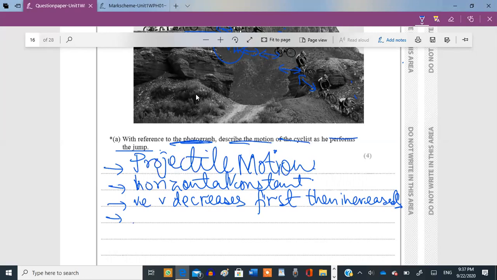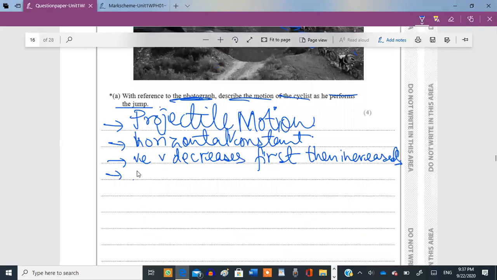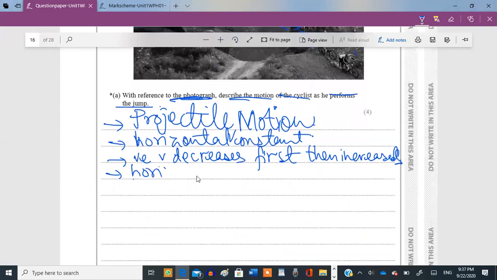The distance between each image, the horizontal distance between them, is constant, because there are 4 marks for them. So you have to describe both the velocity as well as the displacement or the distance. These are the two things you need to describe in this image.